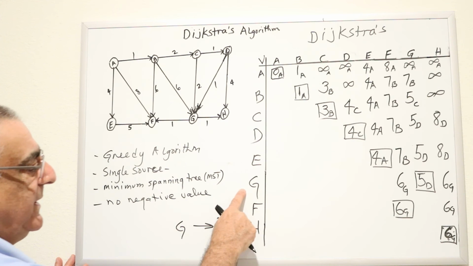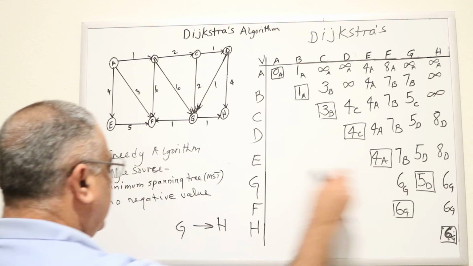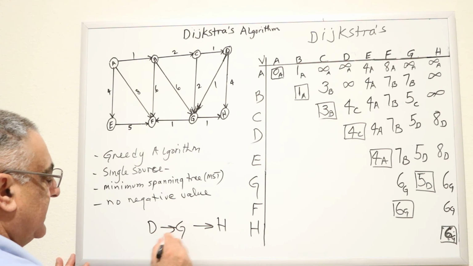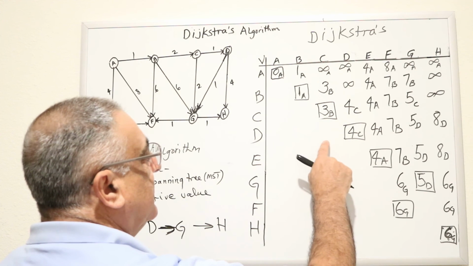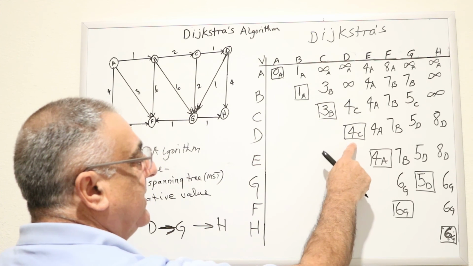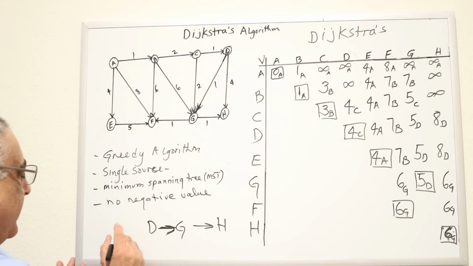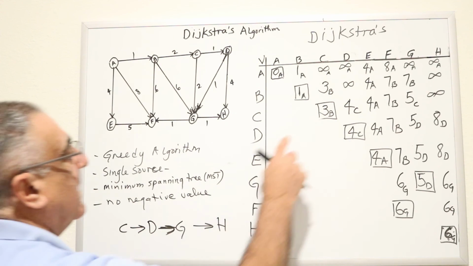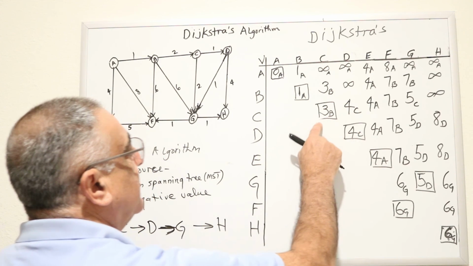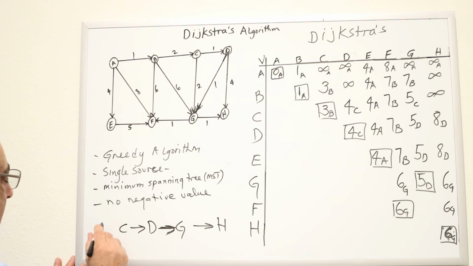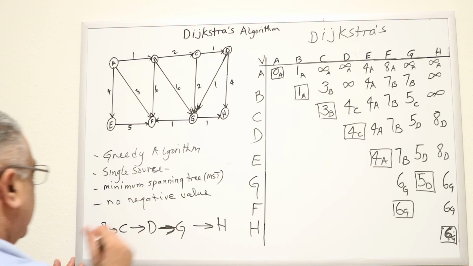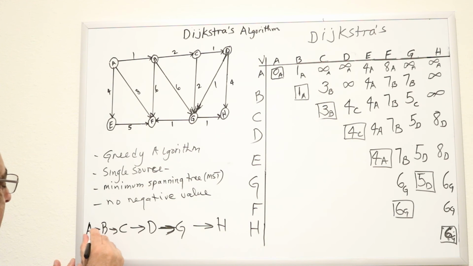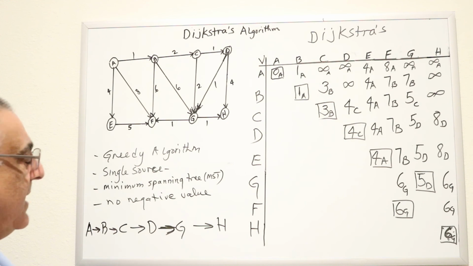Then if I go to G, that takes me to D, because that seems to be the cheapest one. If I go to D, that puts me into C, because C is 4. When I go to C, that puts me into B. When I go to B, that takes me to A. So this is my shortest path.